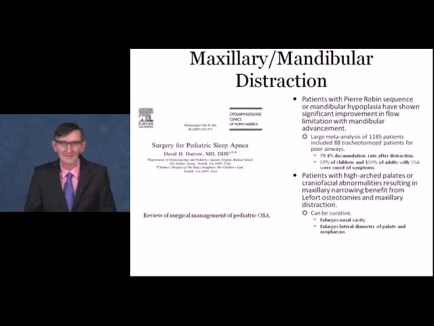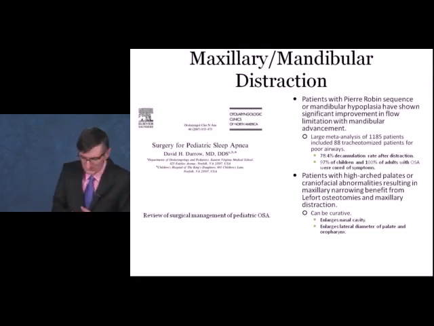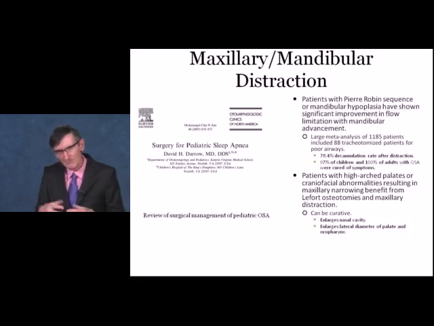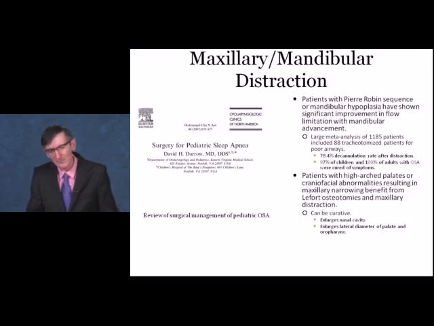Now, I just want to show you a group of patients who have very severe obstructive sleep apnea and belong to the Pierre Robin sequence, which really means a very small jaw, which is pushing the tongue backwards. What they did was take a large cohort.